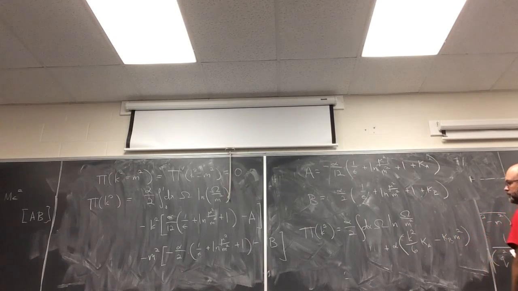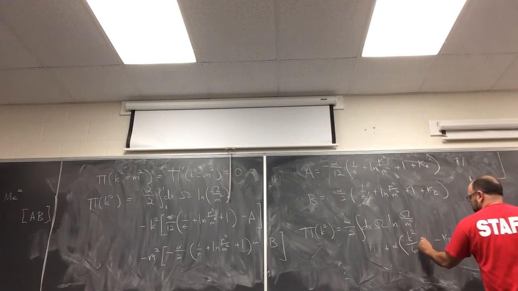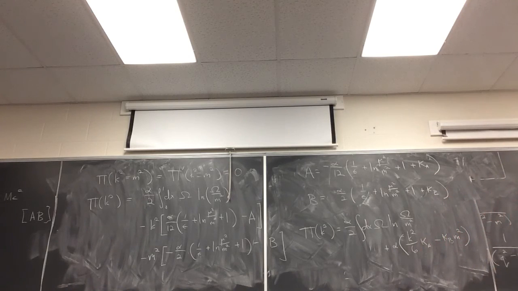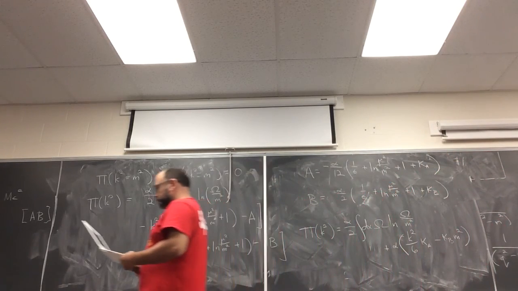That's it. So all we have left to do now is to determine these kappas. So we're allowing A and B the freedom to have some extra numerical additive pieces, some constants. But we can determine them using our boundary conditions.